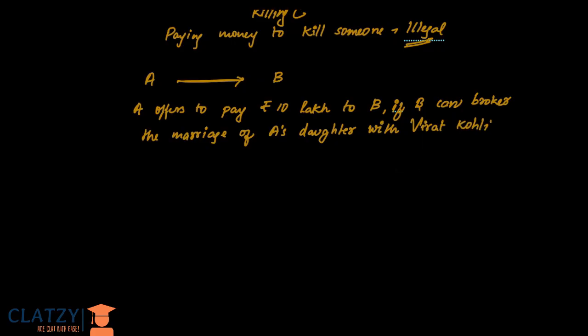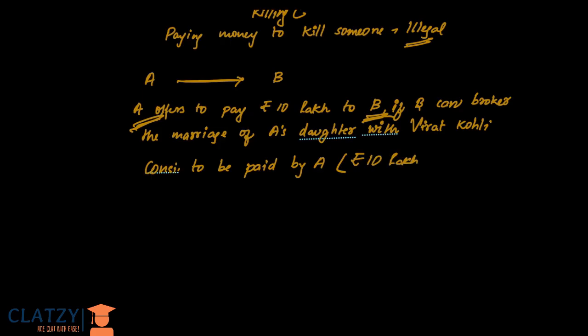So B is somebody who is close to Virat Kohli. A tells B that if you can get Virat Kohli to marry my daughter, I will pay you rupees 10 lakh. Question: is the consideration to be paid by A, which is rupees 10 lakh, valid or not?